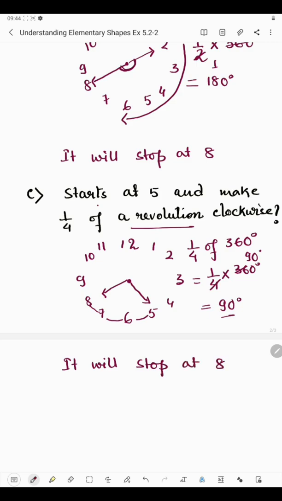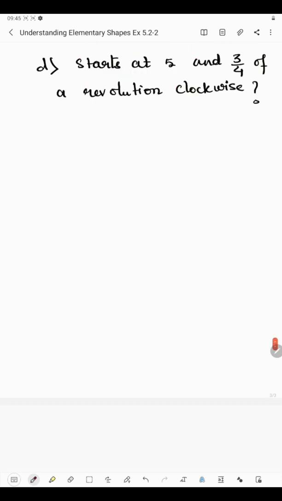Now coming to the last part. In the last part we have the hands of a clock start at 5 and make 3/4 of a revolution clockwise. So let's draw the clock. 12, 6, 3, 9, 1, 2, 4, 5, 7, 8, 10, 11.